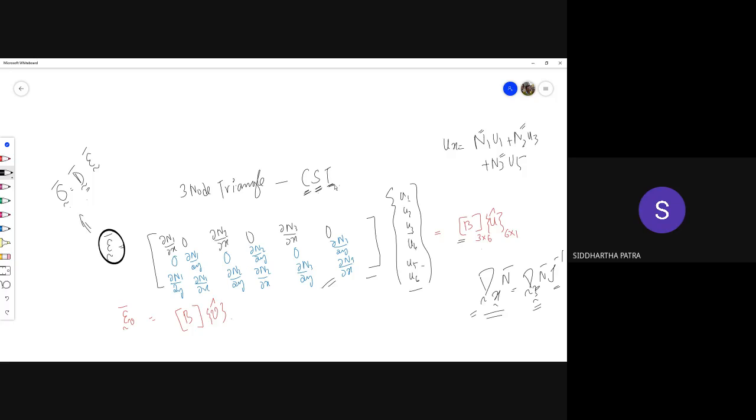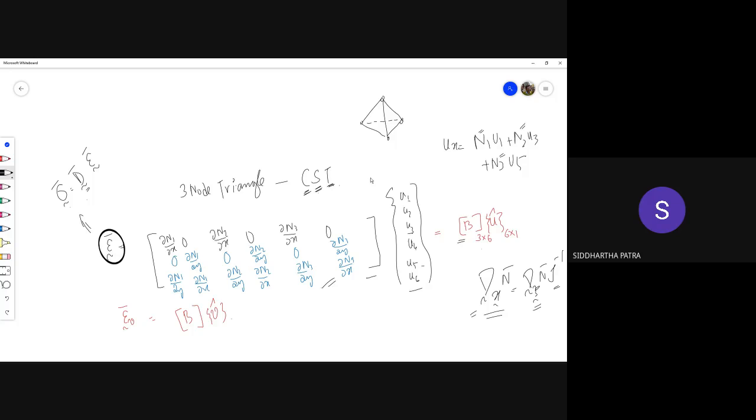And I'd like to explain the issue with that also. But before going into that, CST element may also refer to constant stress tetrahedron.